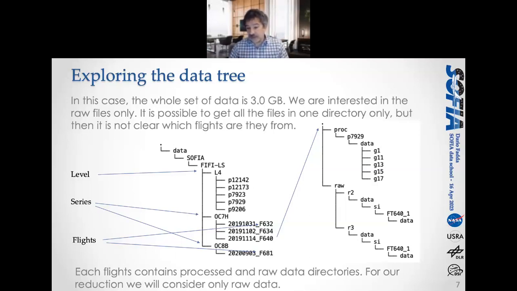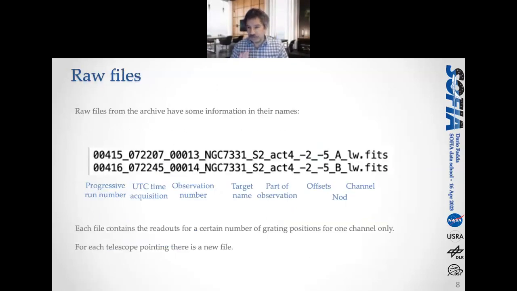In any of these releases you'll find another tree, and finally the data directory where you find the raw data. It's very complicated, but don't worry, because when you get this data you can just find all the data and get a list of it.